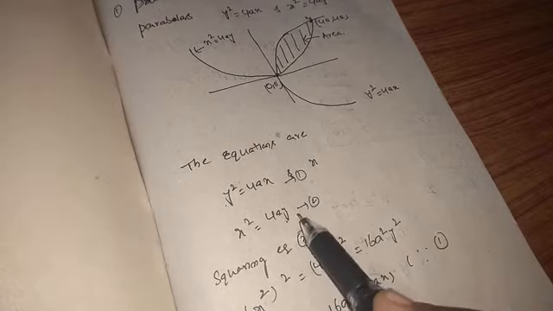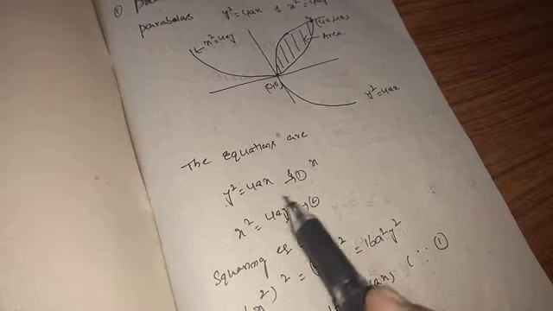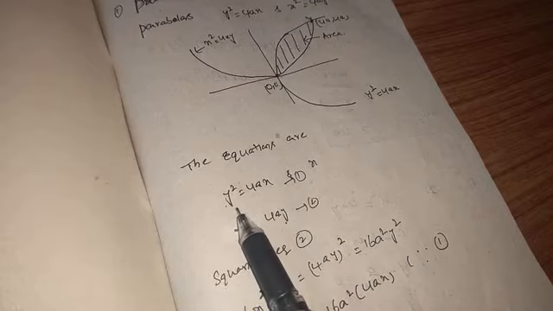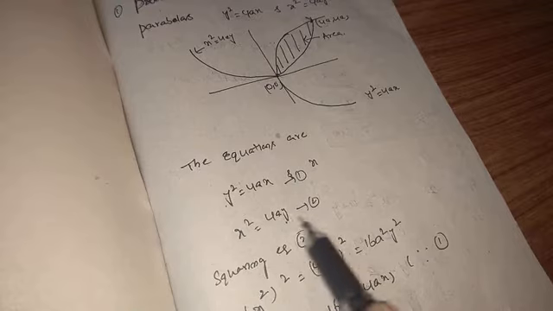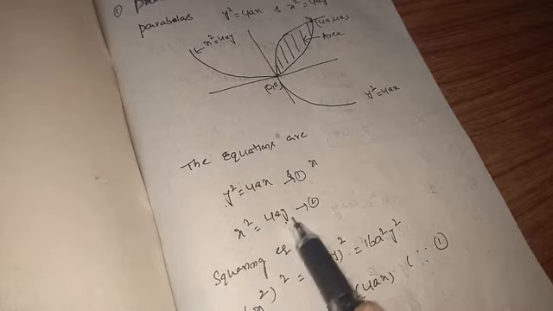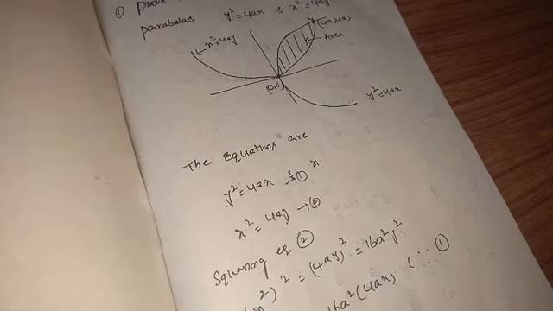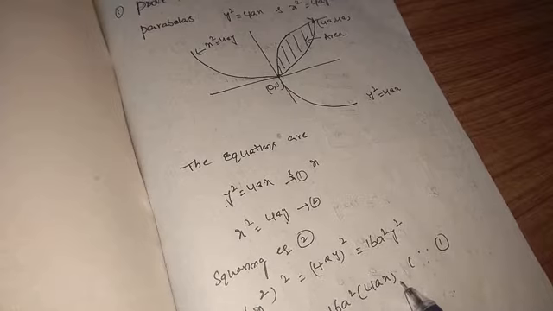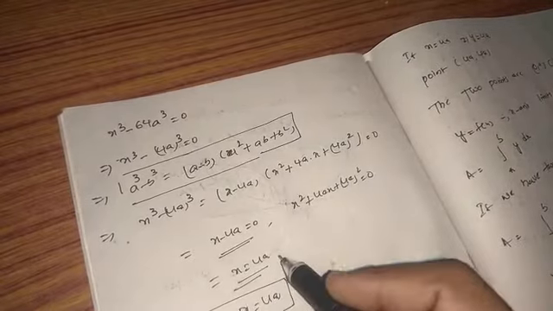Therefore, for getting this, here we have y and here we have y square. Squaring, we get x power 4 equal to 16a square into 4ax. So from that we get the x value. That is, the first one is x equal to 0 and the second one is x equal to 4a.